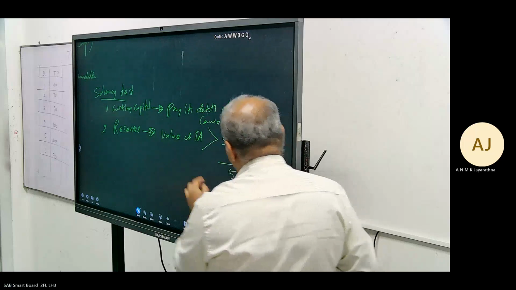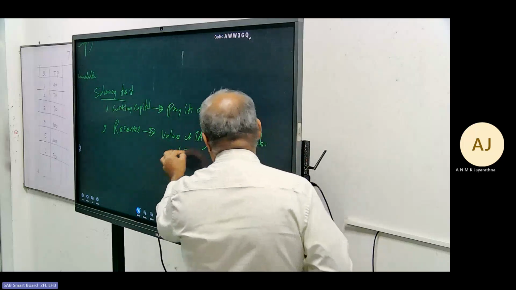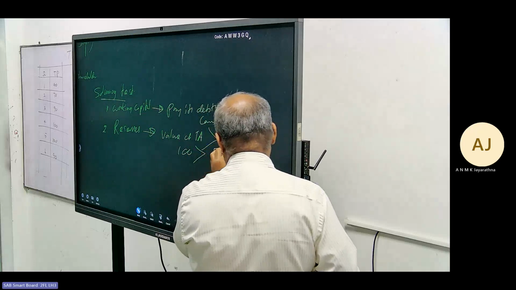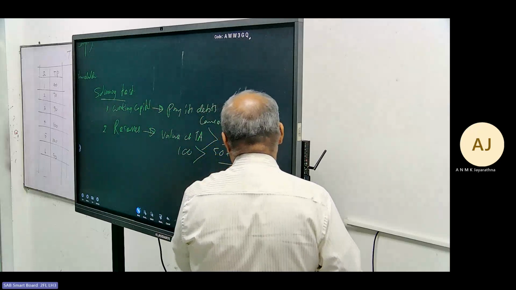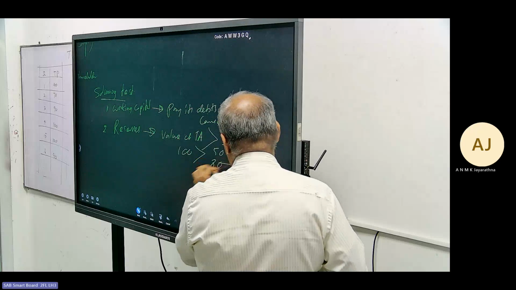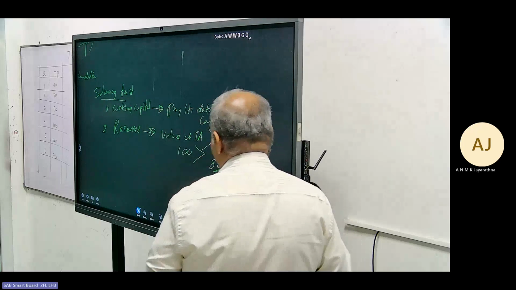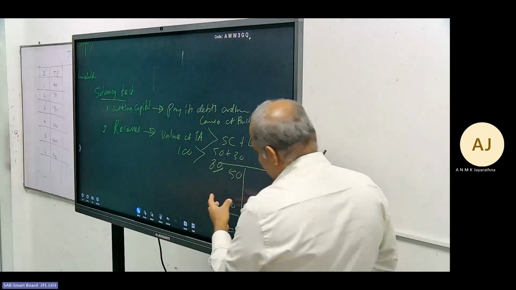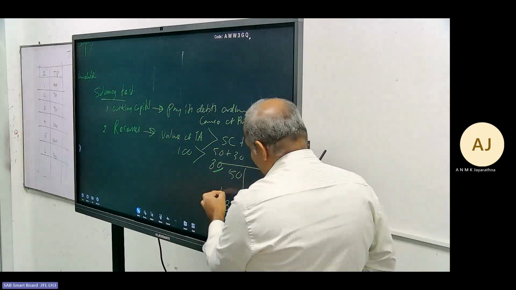Here, total assets 100 is greater than stated capital 50 plus 30, altogether 80. So the balance is plus 20.